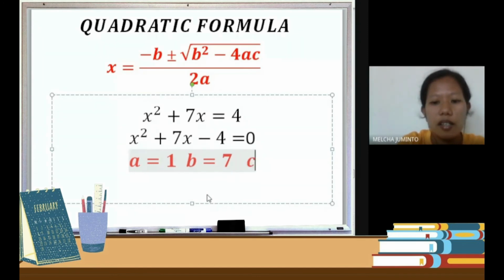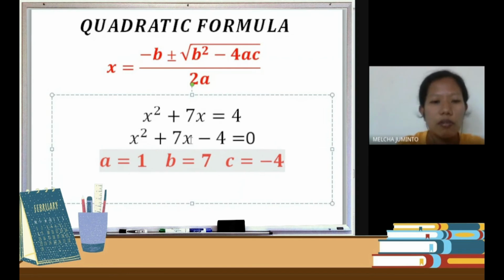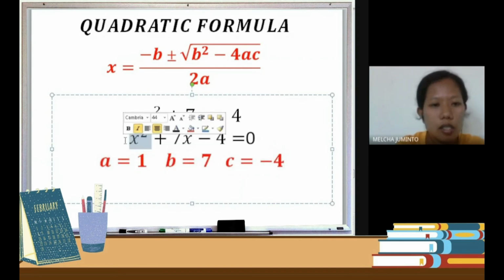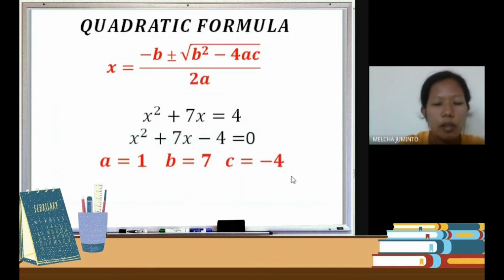What is C? Negative 4. So here are the three values of A, B, and C respectively: 1, 7, negative 4. How did we get 1? If you cannot see any number there, that is automatically 1. 7 is from this number. Negative 4 is the number without variable. Don't forget to include the sign.